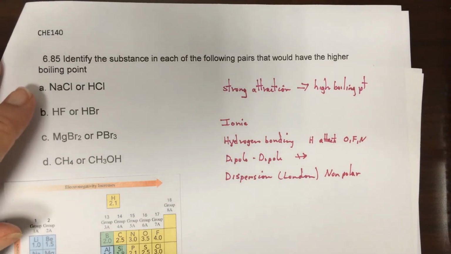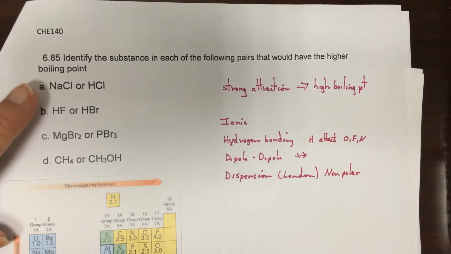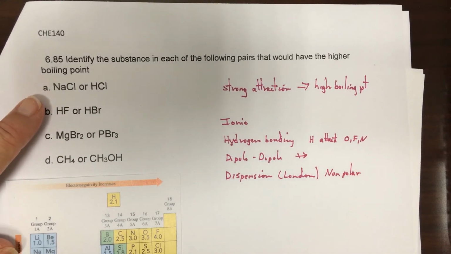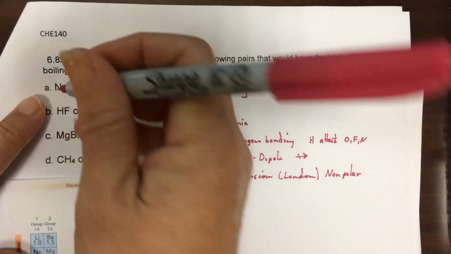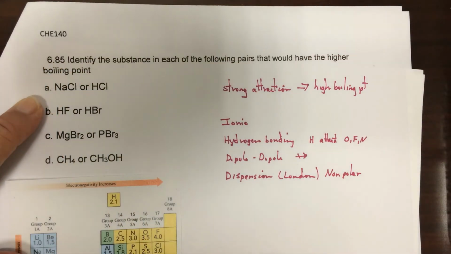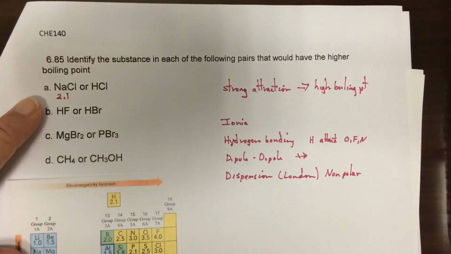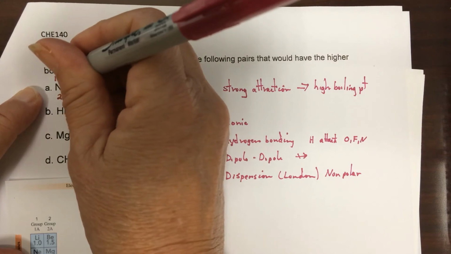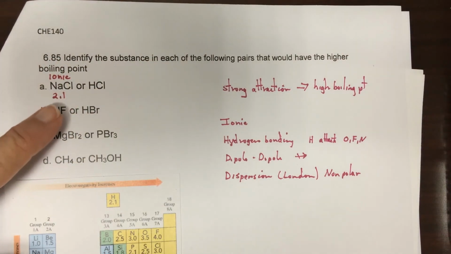So first we're going to compare sodium chloride and hydrochloric acid. If we are looking at these, sodium is 0.9 and chlorine is 3. So we've got a difference of electronegativity of 2.1. That makes this compound ionic because it's got that big electronegativity difference.